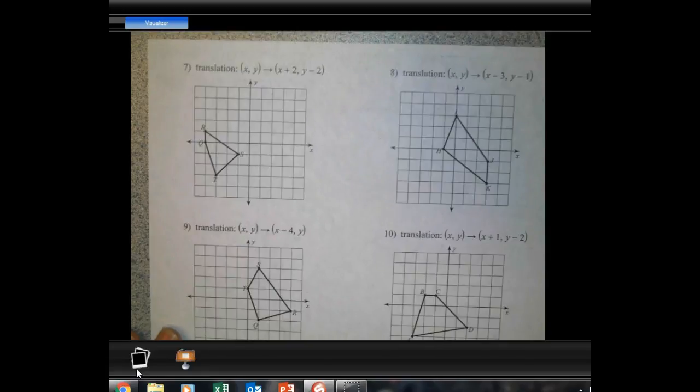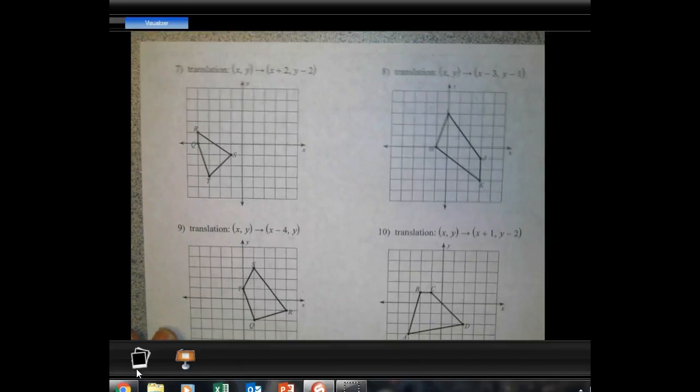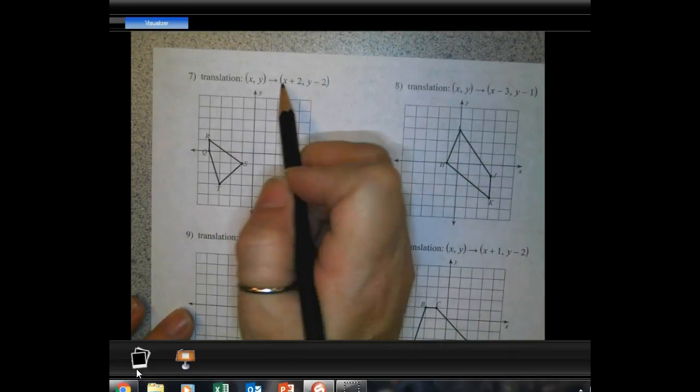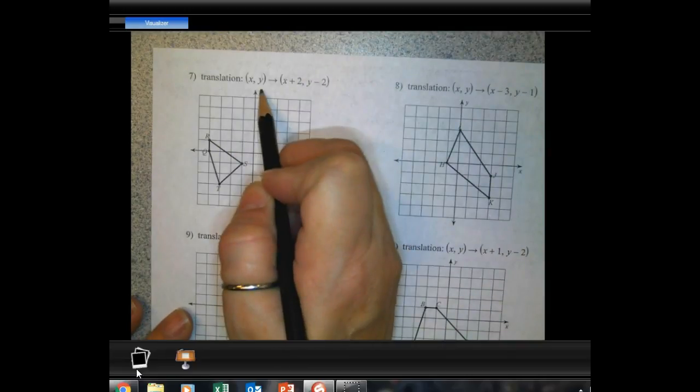Flip your papers over. Look at number 7. Flip your papers over and look at number 7. I need everybody's attention. All right, so this time it's in XY notation already.